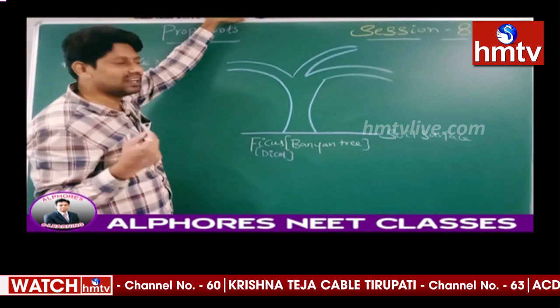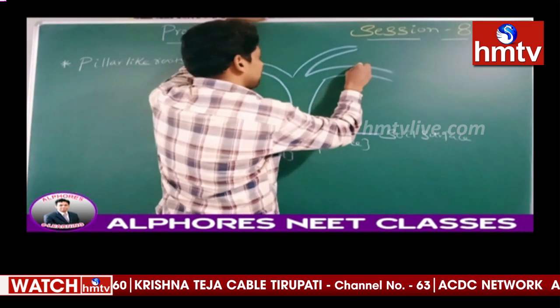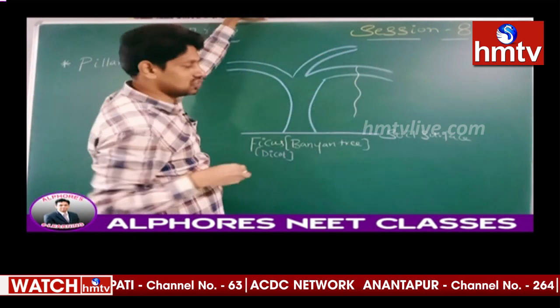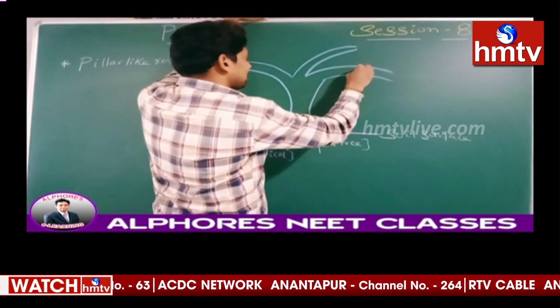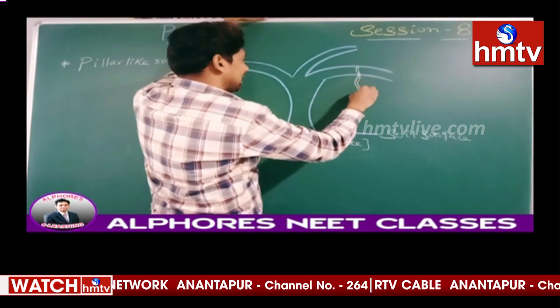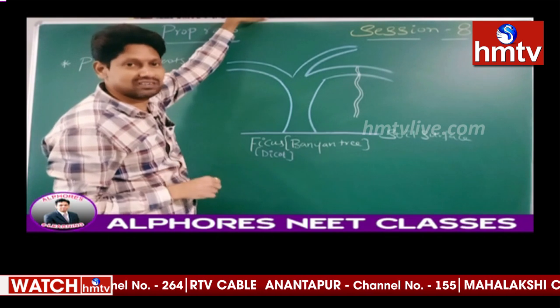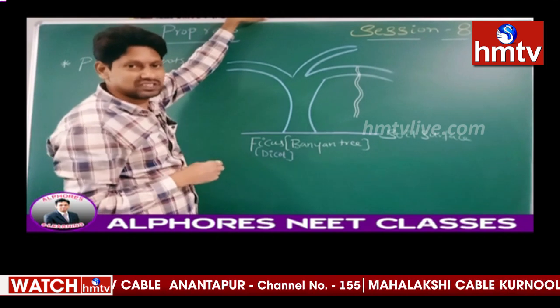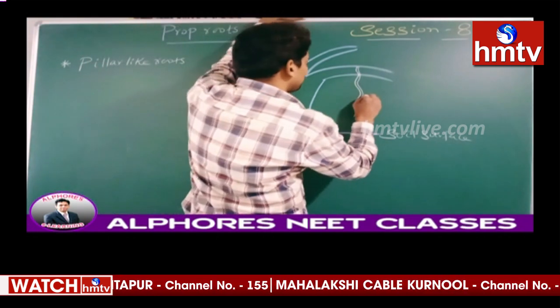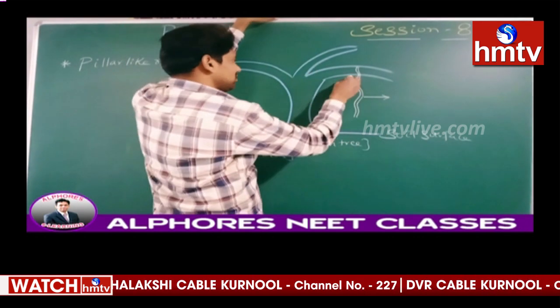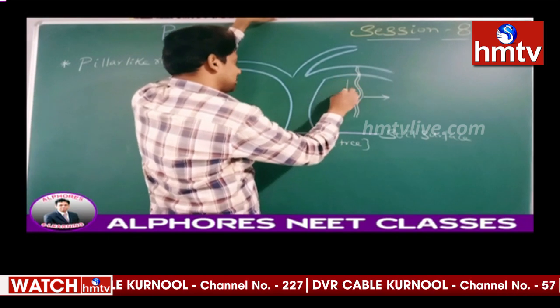aerial adventitious roots are developed from horizontal branches. See, this is a horizontal branch. From these horizontal branches, what are developed, sir? Aerial adventitious roots are developed. Sir, these aerial adventitious roots developed from horizontal branches grow vertically downwards.